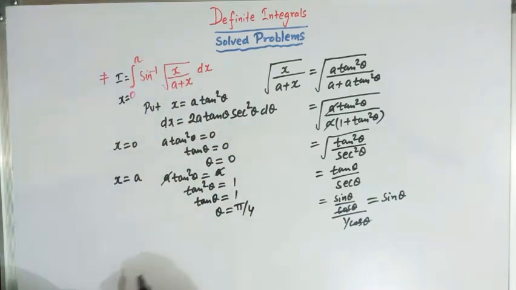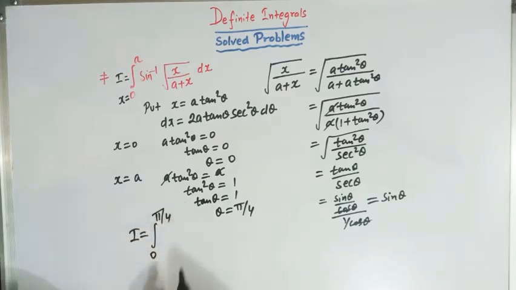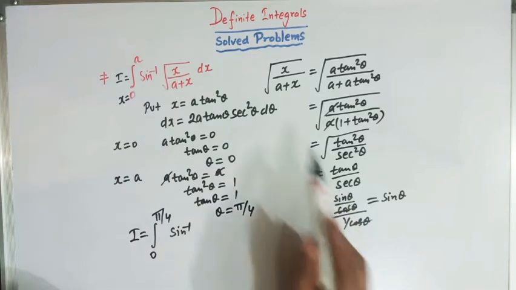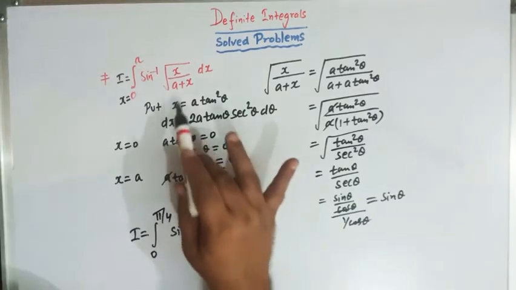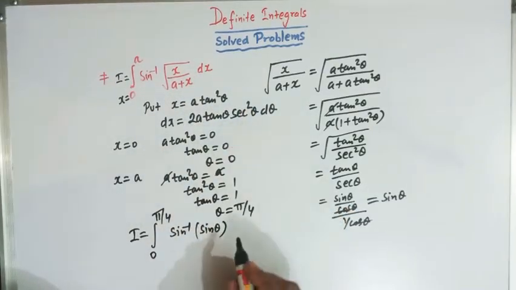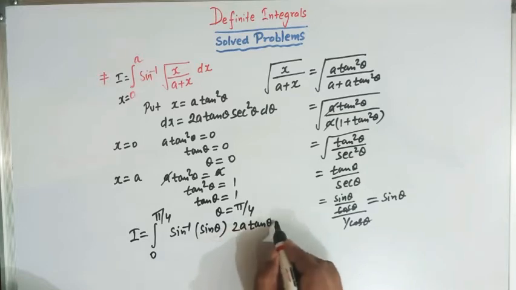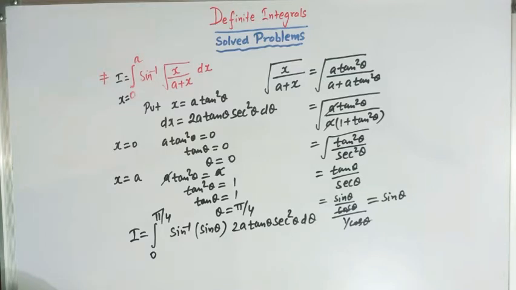Now this integral becomes I is equal to from 0 to pi by 4, and here we have sine inverse, and for this expression we have sine theta here, right? And for dx we have 2a tan theta sec square theta d theta, right?